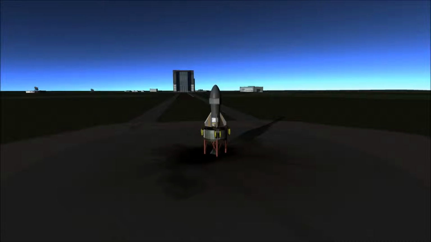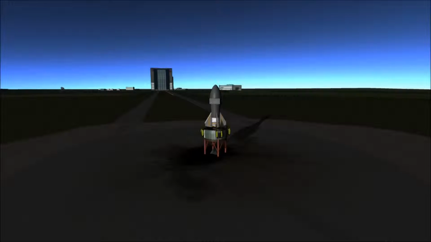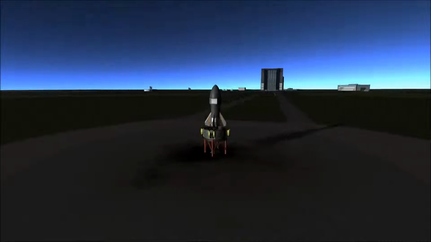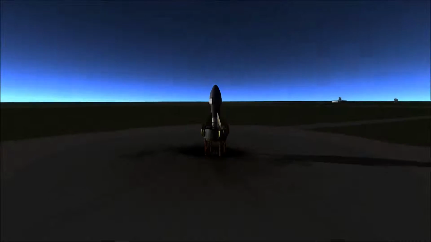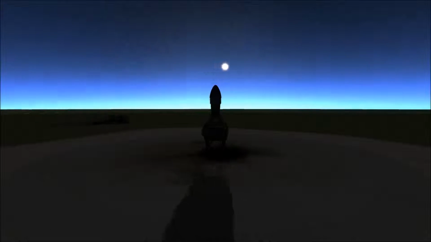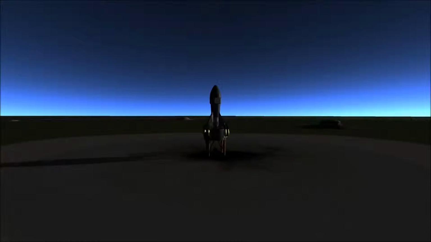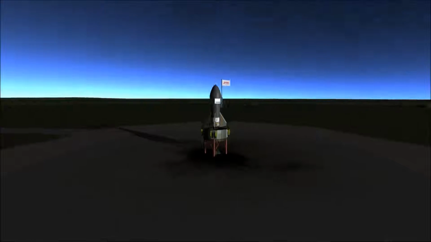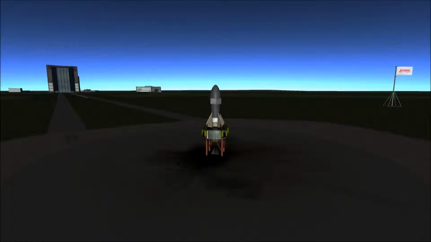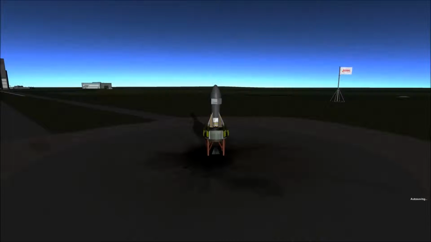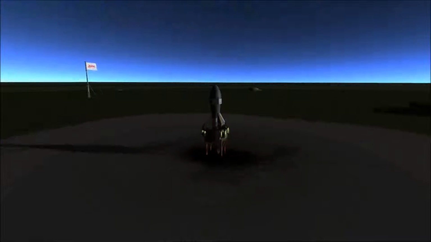And here it is, the Nervous Energy 1, sitting on the pad in the long shadows of the early morning. We are going to check systems, launch and get prepared. Command, begin pre-flight checks.